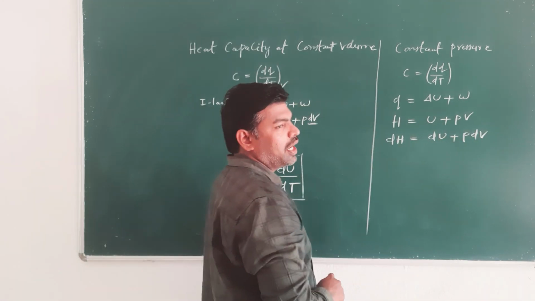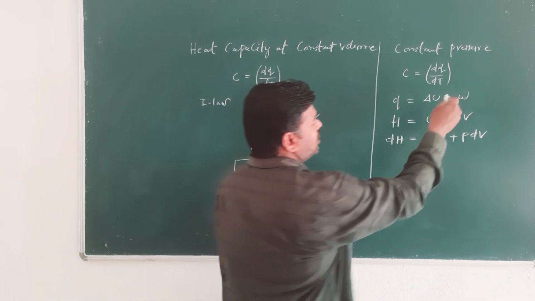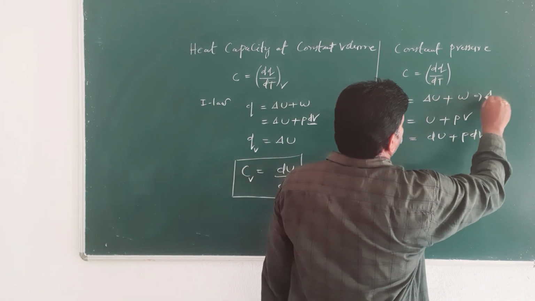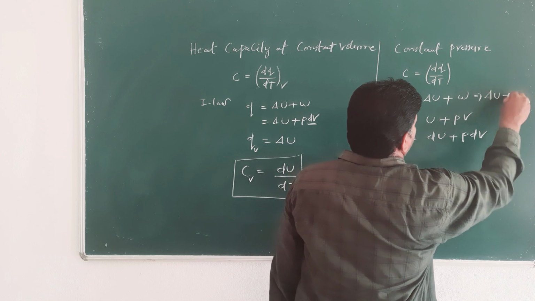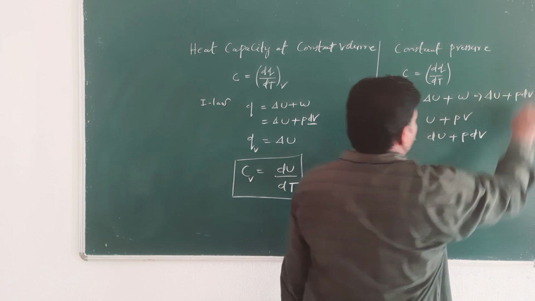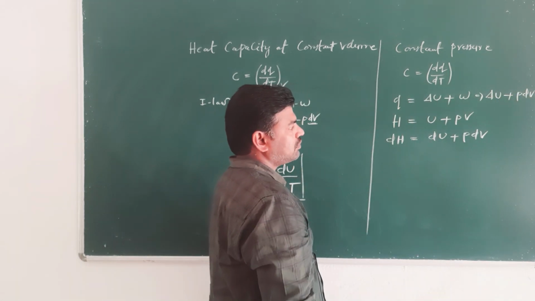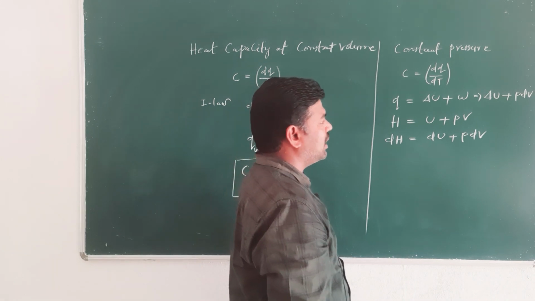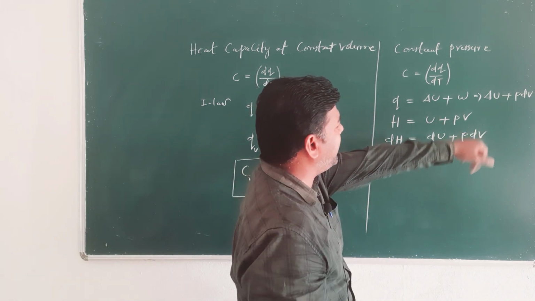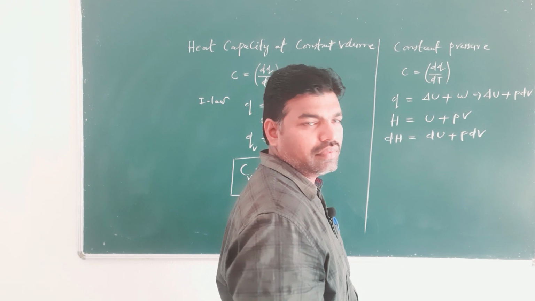So in this equation we can write dU plus PdV, right.